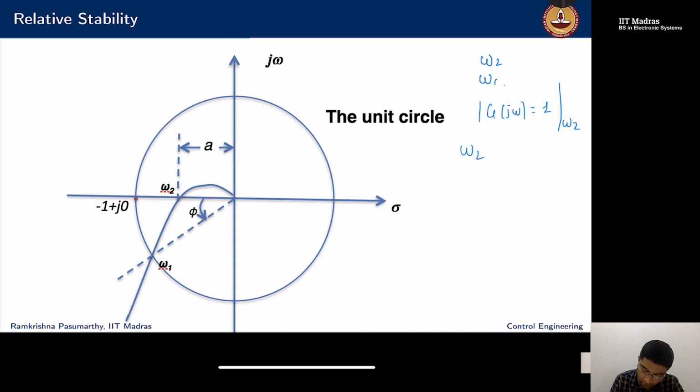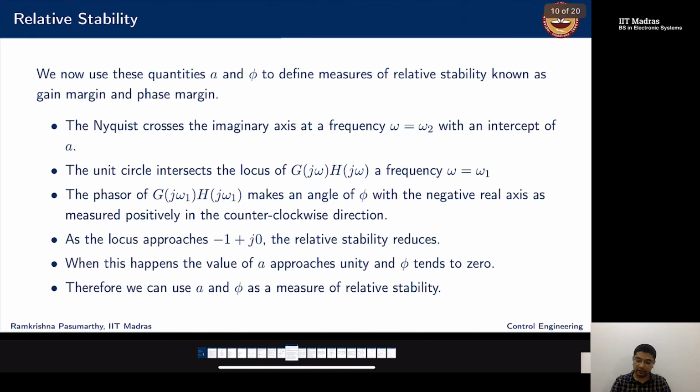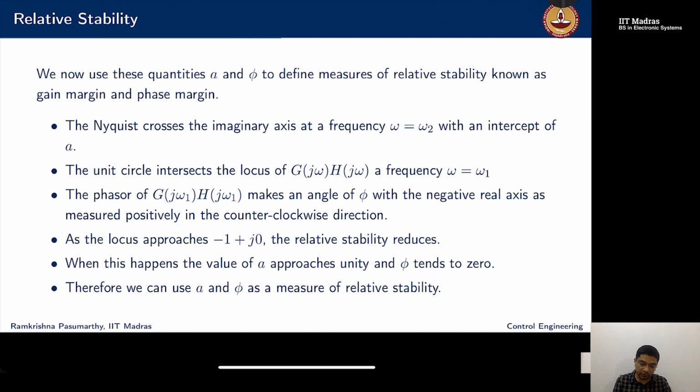And at omega 2, my imaginary part is 0, so it crosses the real axis, or the angle of G of j omega is plus or minus 180, depending on how you measure it. So the Nyquist plot crosses the real axis, and the unit circle intersects the locus at omega equal to omega 1.